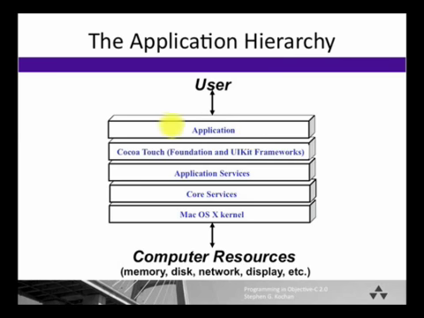Your application is typically resting upon whatever frameworks you've built your application on, for example, Cocoa Touch. So your application will make calls through the Cocoa Touch layer, which will typically go down the chain to layers like application services, core services, and at the very bottom is the Mac OS X kernel.